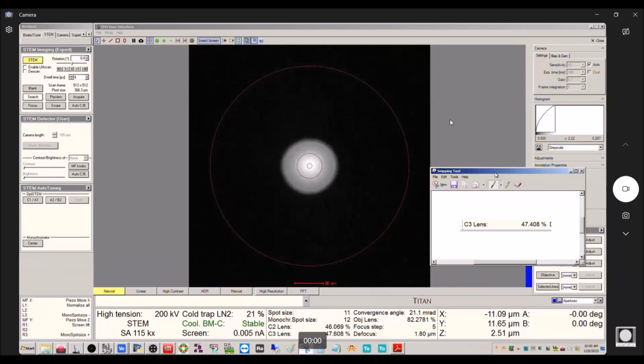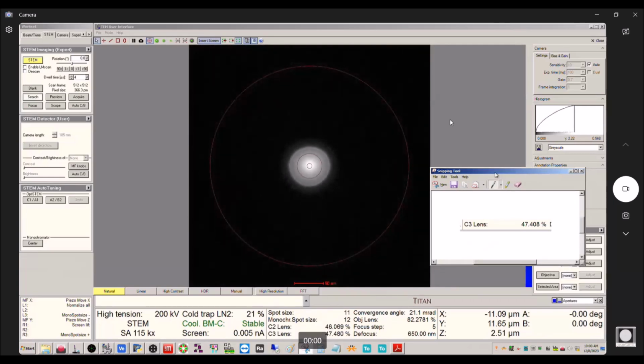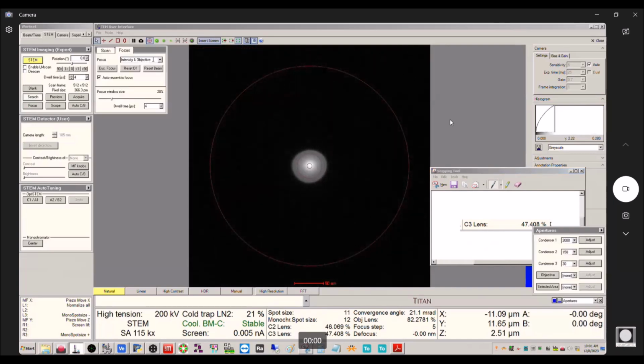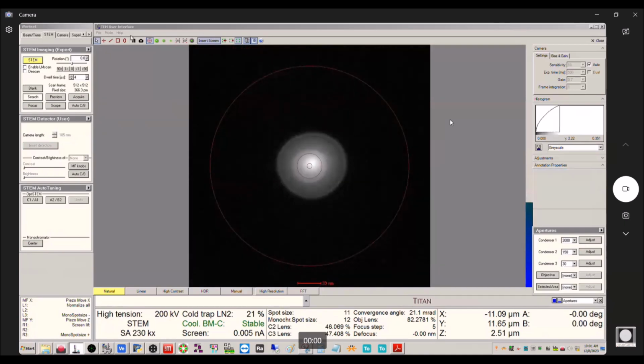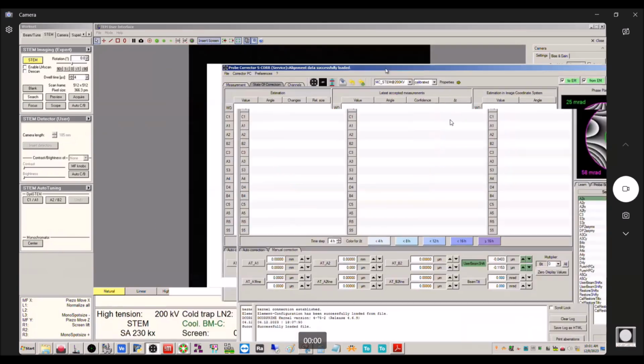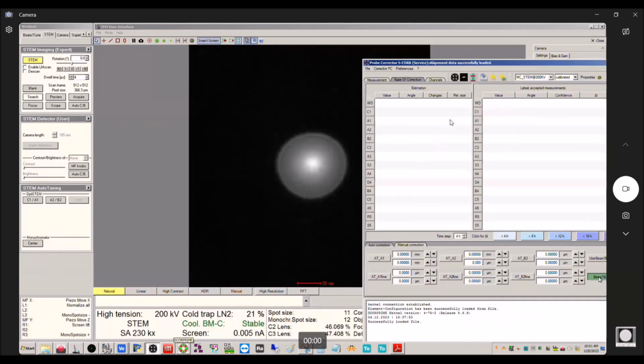This was 47.408. Okay, and then to make sure that I don't cause a problem, now my intensity knob doesn't do anything. All right, let me mag in here a couple clicks, turn this off, and now we can adjust beam tilt.